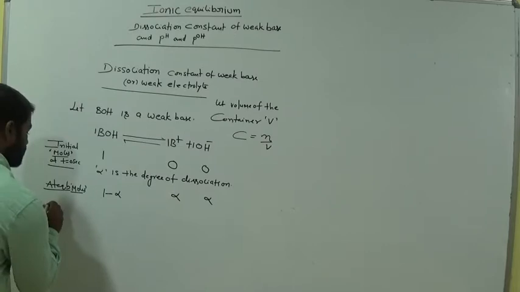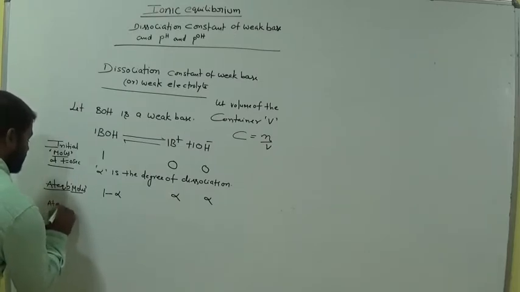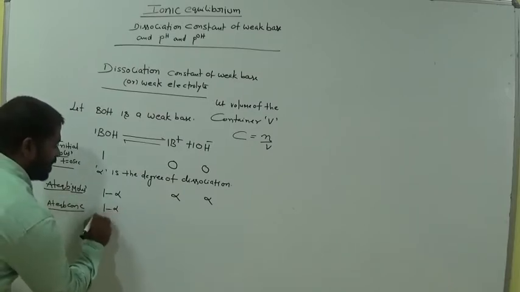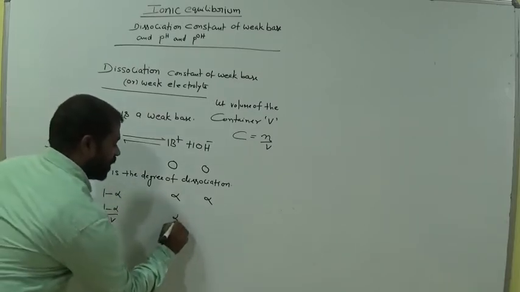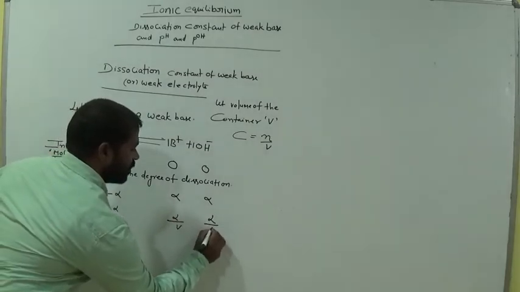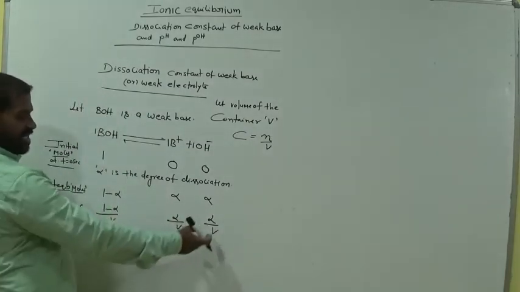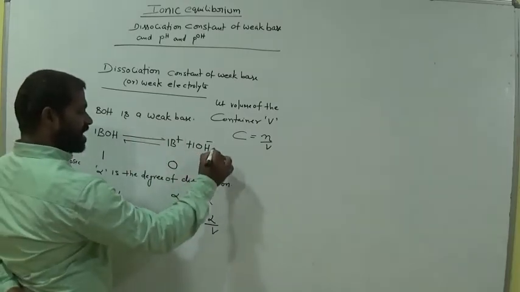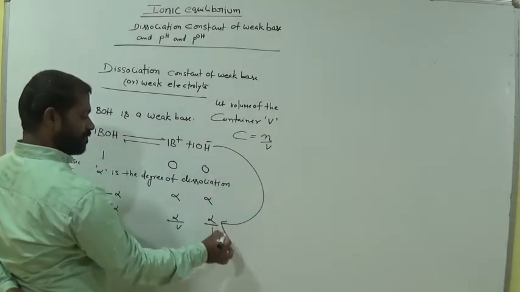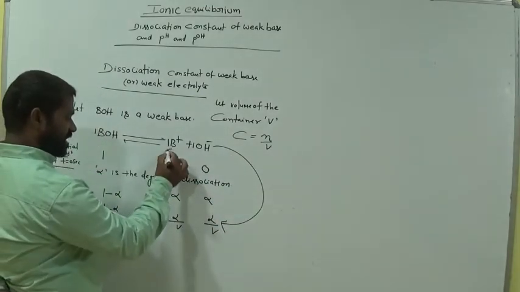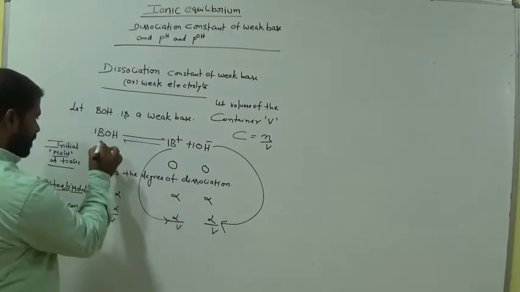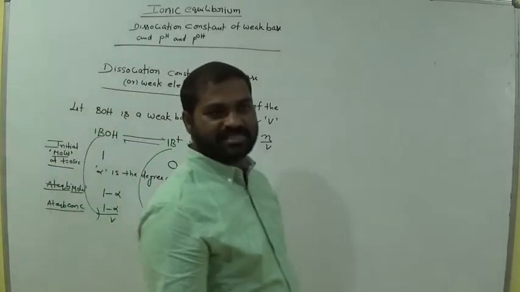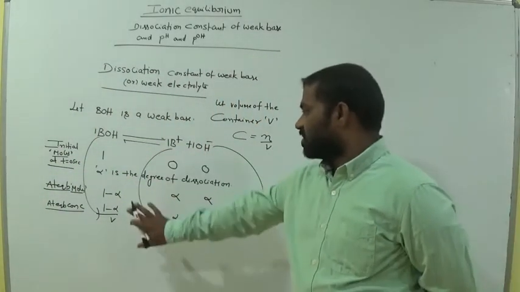At equilibrium, the concentrations are (1 minus alpha) divided by V, alpha upon V, and also alpha upon V. These are the equilibrium molar concentrations, or active masses, of these terms.